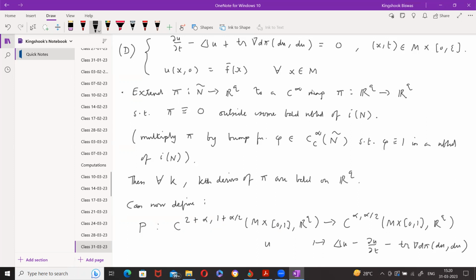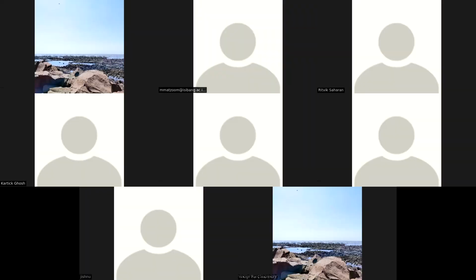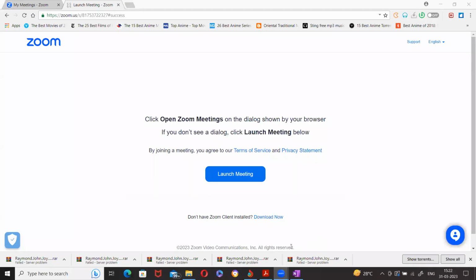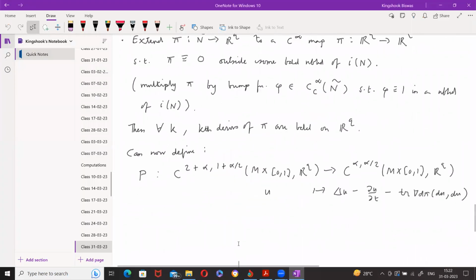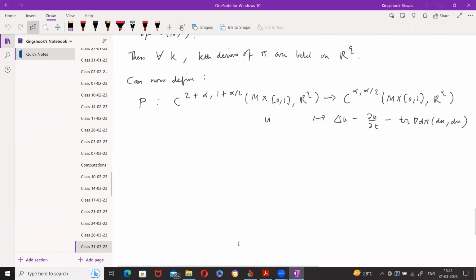Okay, so we have this map between Holder spaces.